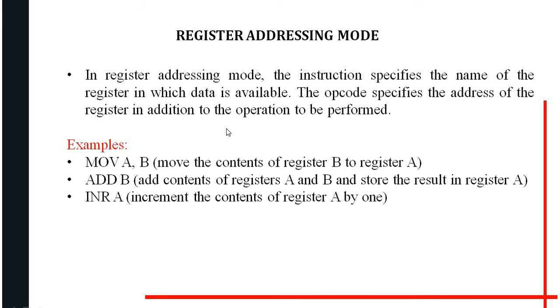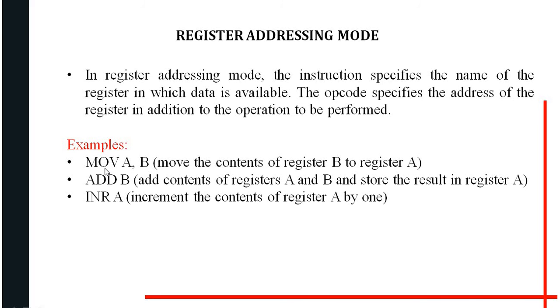Next, register addressing mode. In register addressing mode, the instruction specifies the name of the register in which data is available. The opcode specifies the address of the register in addition to the operation to be performed. Here we give the name of the 8-bit register.